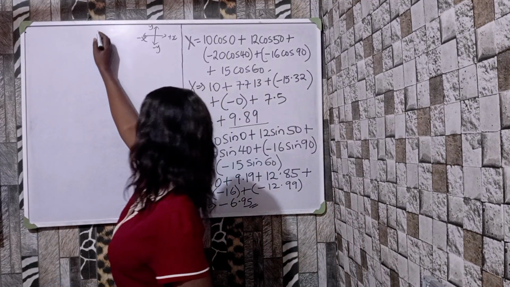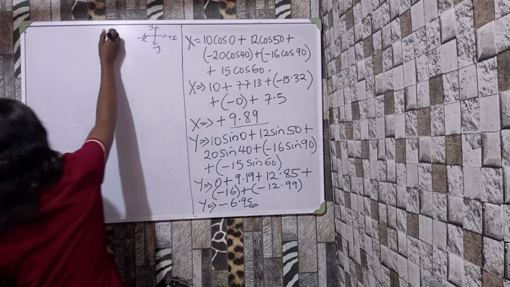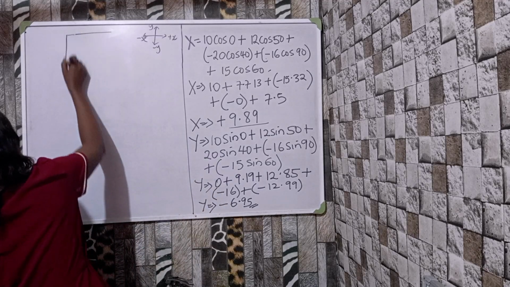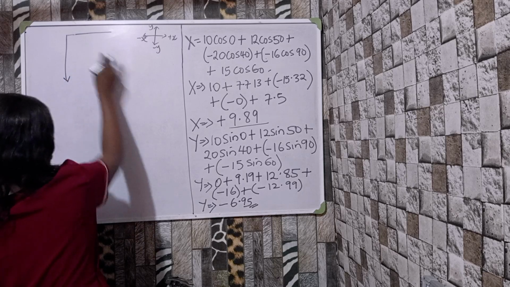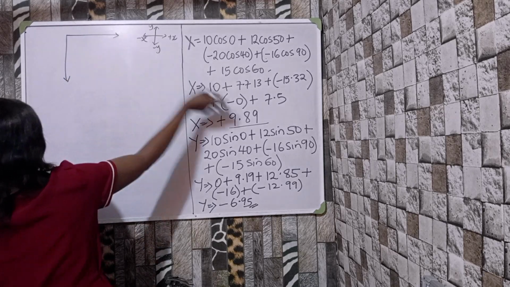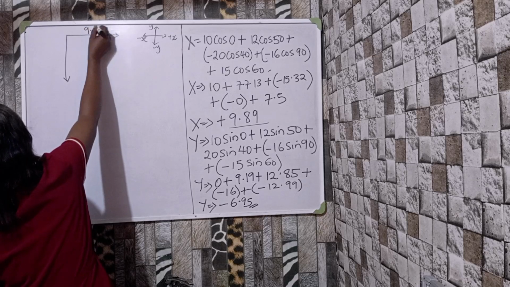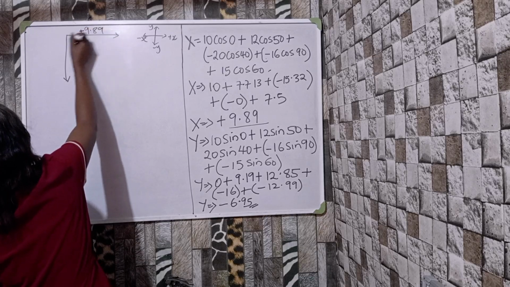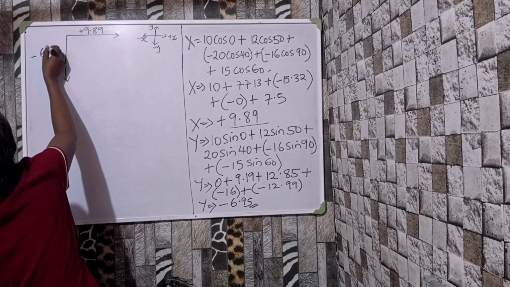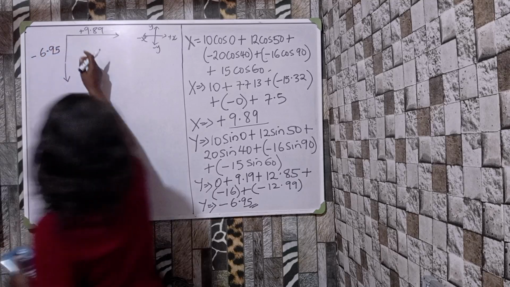So if you do that, we have this. So my x is 9.89, that is plus, while this one is minus 6.95.